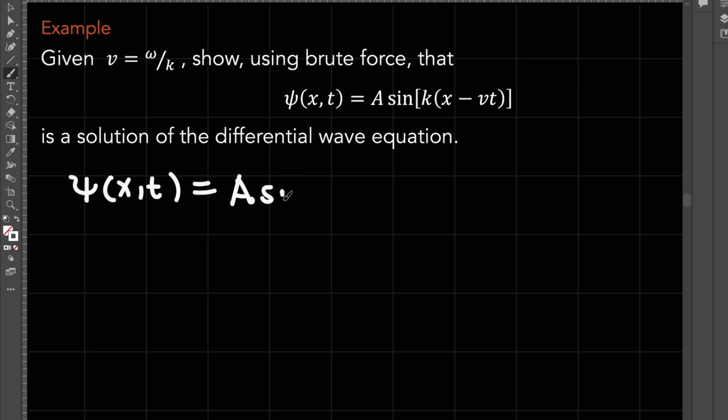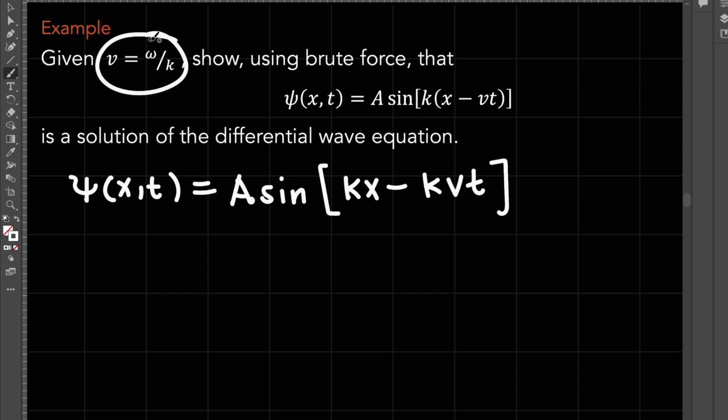A times sine of kx minus kvt. But then again, using this equation, kv is actually equal to omega.